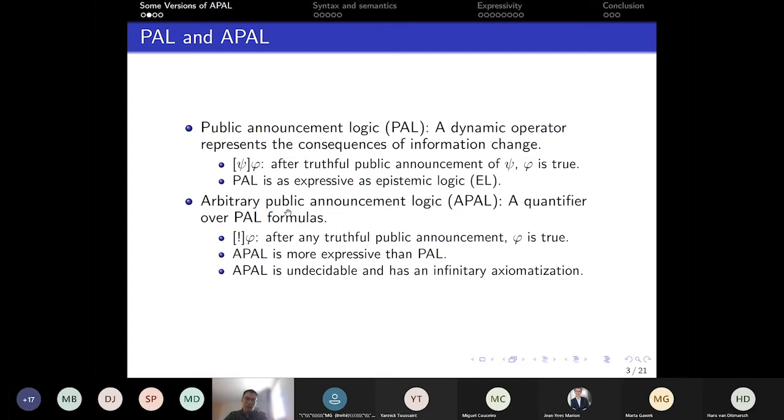Arbitrary public announcement logic, we call it APAL, has a quantifier over PAL formulas so that it can express that after any truthful public announcement, phi is true. And it has been shown that APAL is more expressive than PAL. APAL is also undecidable for the satisfiability problem, and it has an infinitary axiomatization.